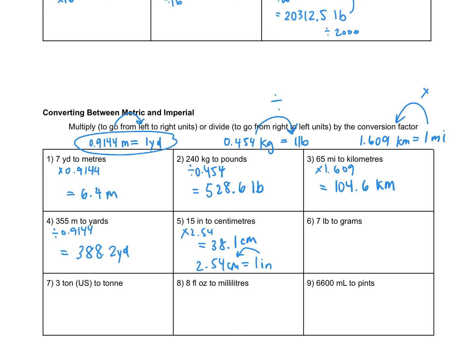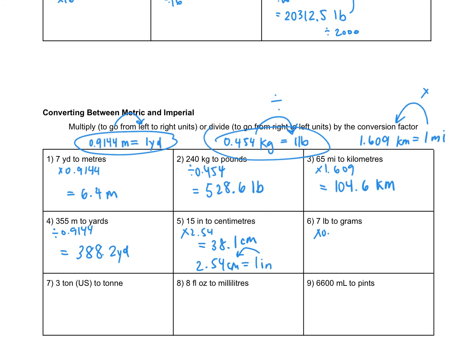Then we have pounds to grams. Now we don't necessarily have a pounds to grams on our conversion sheet, but we do have pounds to kilograms. So we can convert it into kilograms first and then use our staircase to get to grams. So we already know this fact. 1 pound is 0.454.